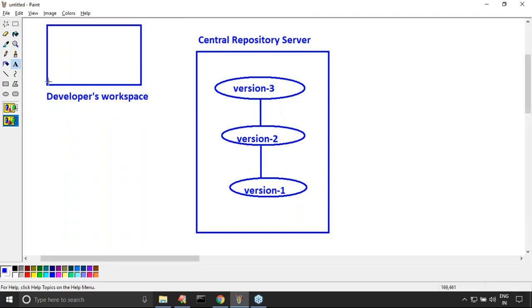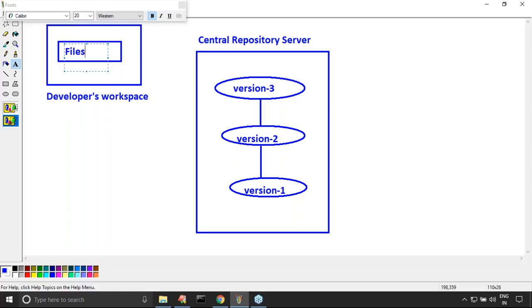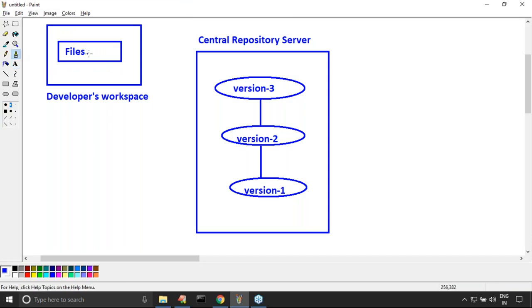In this developer's workspace, whatever files he requires, he will get from the central repository and work on them. Assume that there are several files available.